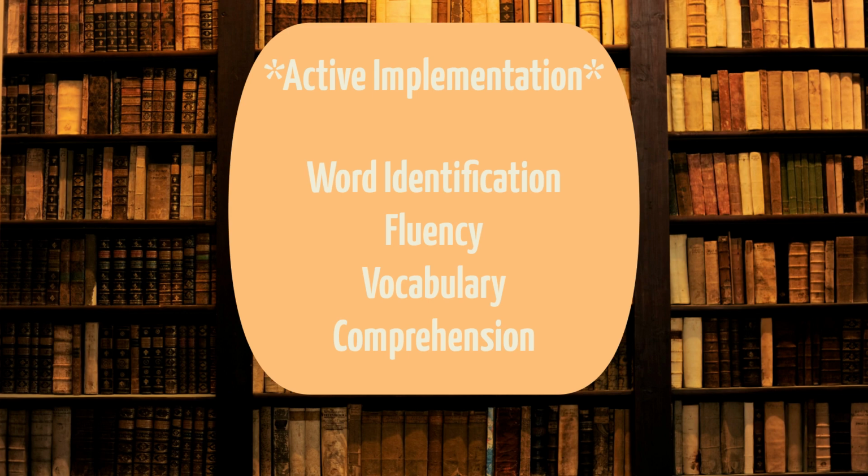Those are word identification, the student's ability to actually read the words in the text; fluency, the student's ability to read at an acceptable speed with accuracy and with prosody; vocabulary, students will continue to expand and strengthen their knowledge of various words; and comprehension, the student's ability to actually understand what they're reading.